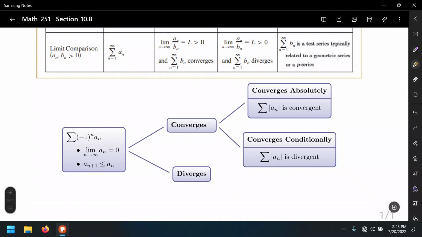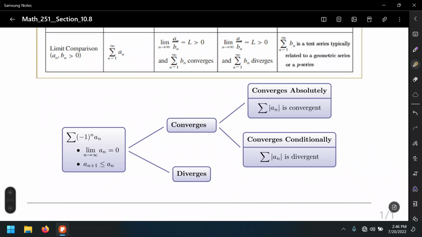we take the absolute value of the series to check for absolute convergence or conditional convergence. And that happens when the new problem that we produce after taking the absolute values, that new series may converge or diverge. So at this point, what we do is forget about the original alternating series and concentrate on that new series.